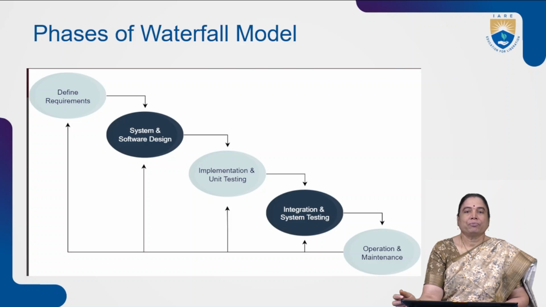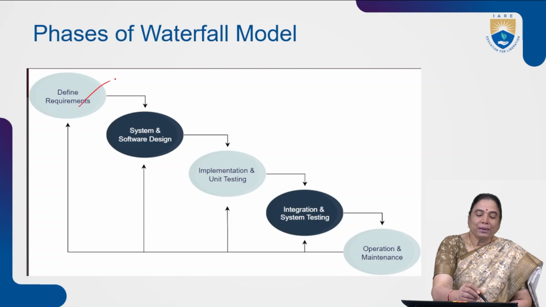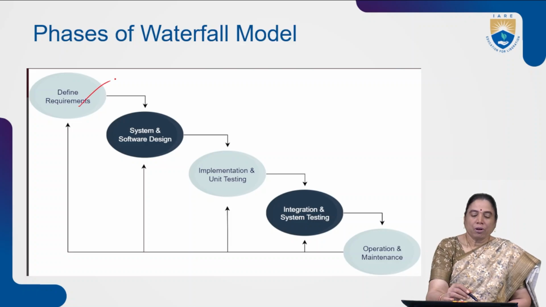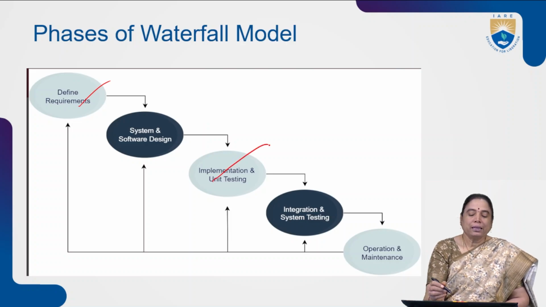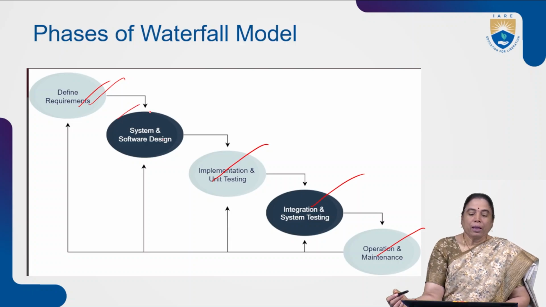The phases of the waterfall model are defining the requirements, software and system design, implementation and unit testing, integration and system testing, and operation and maintenance. Here, the activities are carried out in a sequential approach. The output of one phase is fed as input to the next phase.